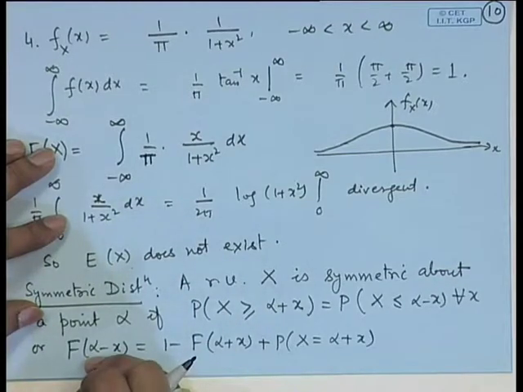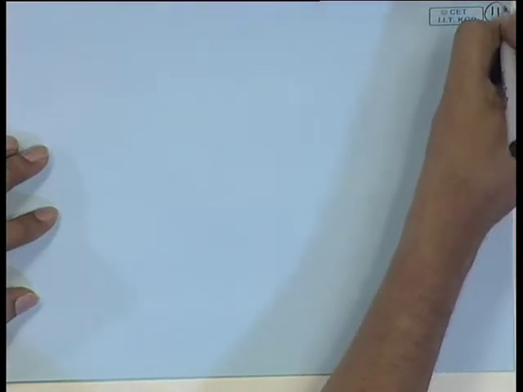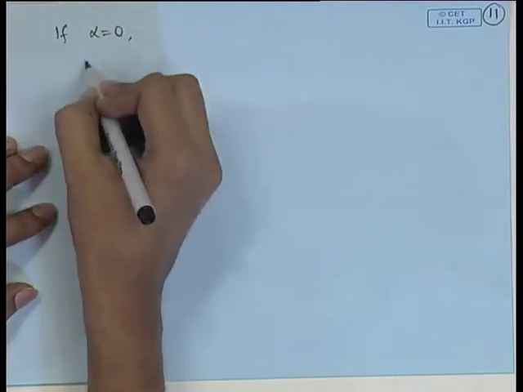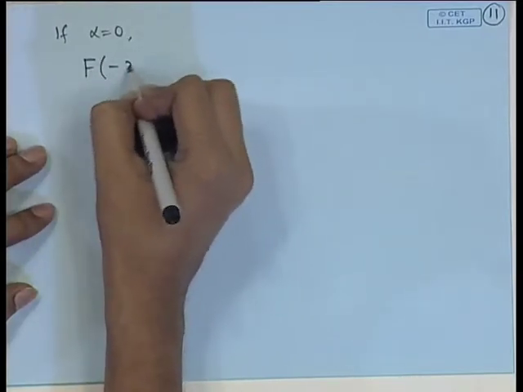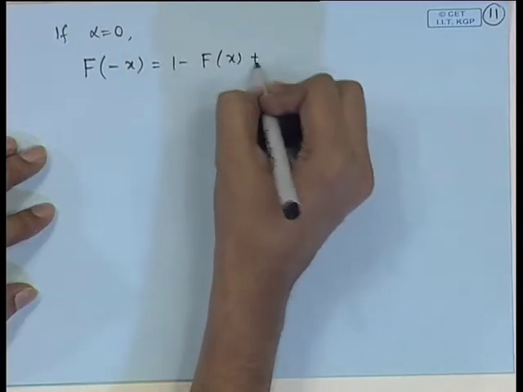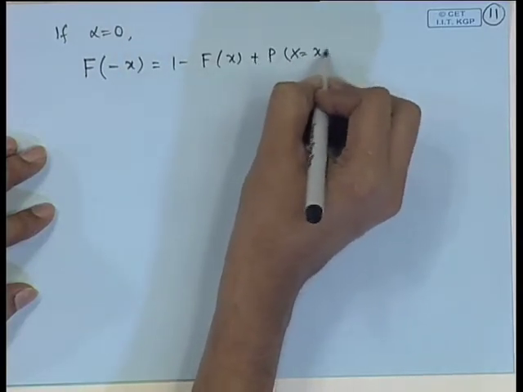Suppose I take alpha is equal to 0. In this definition, if we take alpha equal to 0, then this condition reduces to simply F of minus x is equal to 1 minus F of x plus the probability X equal to x.